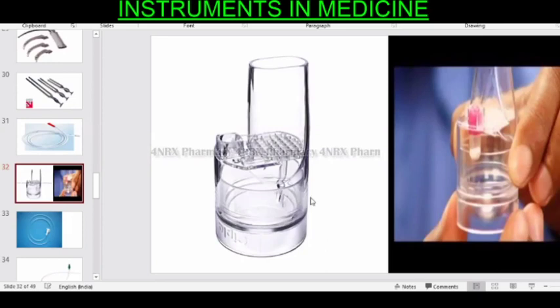Over here, the patient has to voluntarily breathe in and out and ensure that the powder goes into his respiratory system.